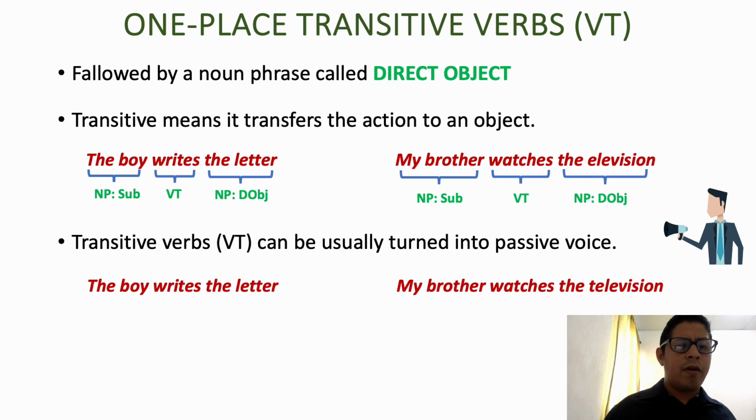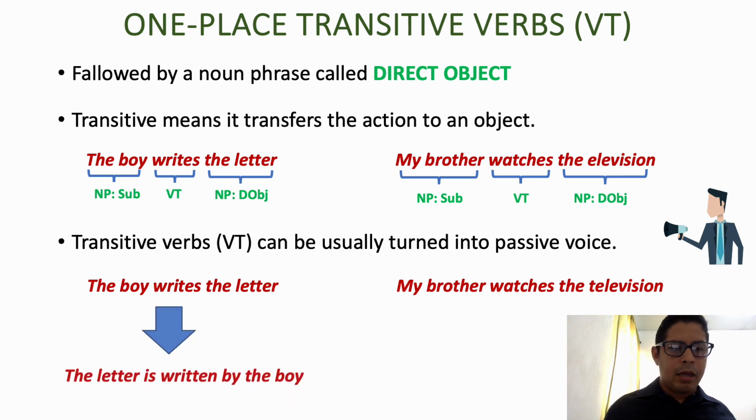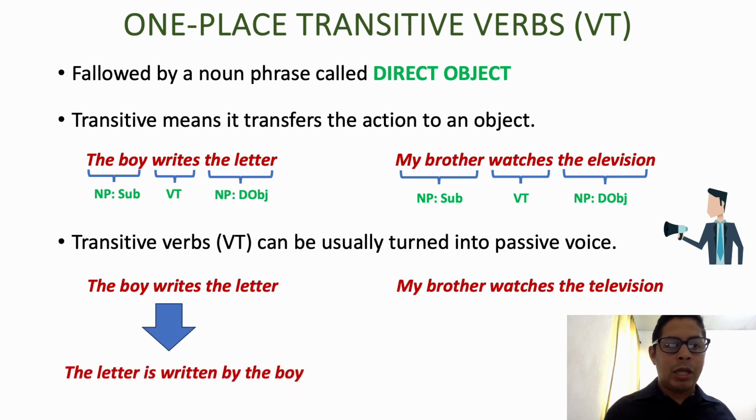Very good. Transitive verbs can usually be turned into the passive voice. So a good tip that I can give you for identifying a one place transitive verb is changing the active voice into the passive voice. Here we can see the boy writes the letter, but I can change it into the letter is written by the boy.